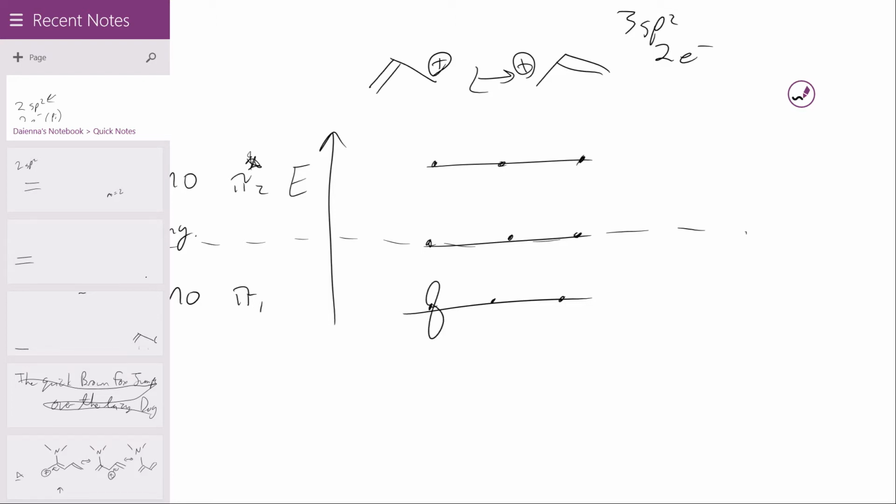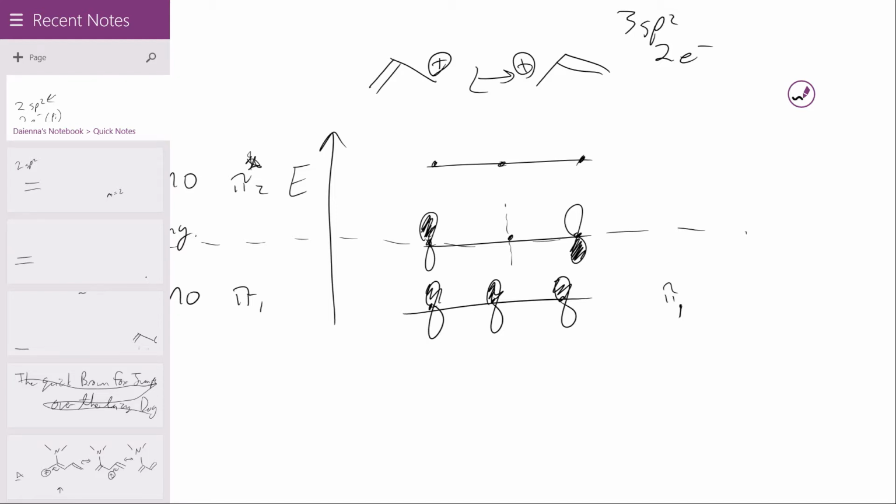The lowest level, pi 1, has no nodes and has all the orbitals in phase. Moving up, we get one node, which we place equidistant in our energy level diagram, which would be in the center. And we draw on our nodes, flipping across each node. We draw on our p orbitals.